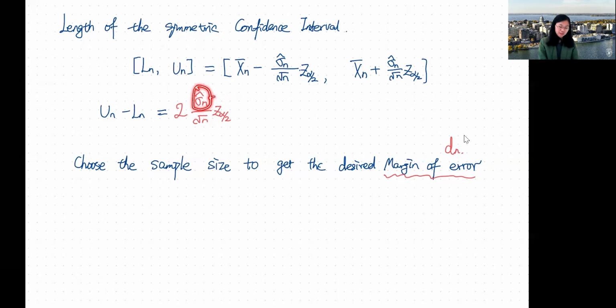And population standard deviation depends on the population. You cannot choose the population if you don't want to change the problem that you're studying. What you do have control over is the sample size. So you can choose your sample size to get your desired margin of error.